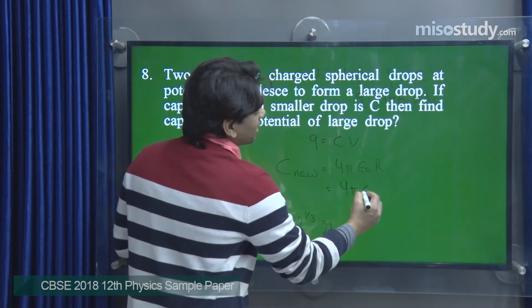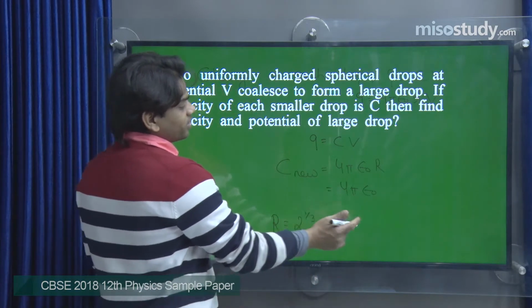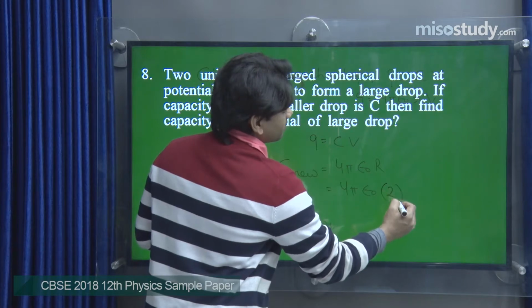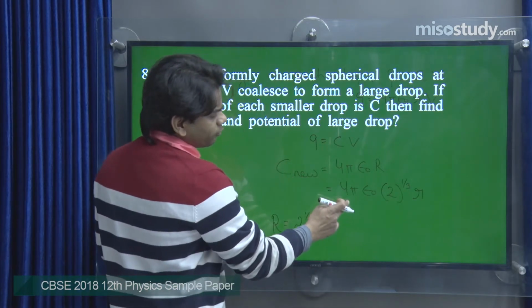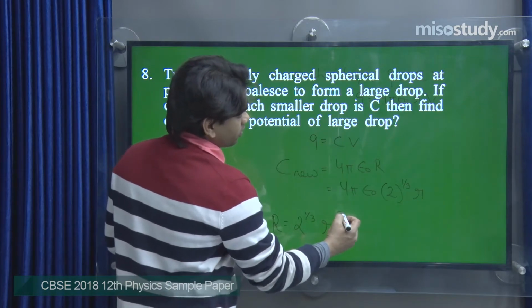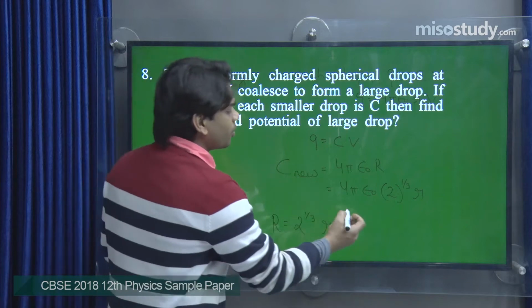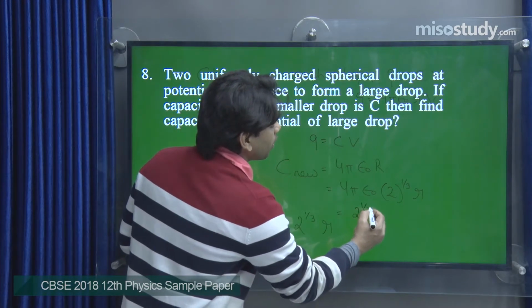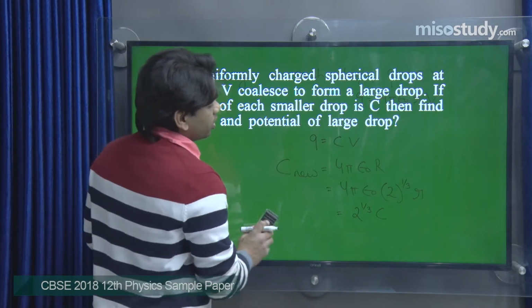This will be 4 pi epsilon naught, and capital R is equal to 2 to the power 1 by 3 into small r. See what we can write: 4 pi epsilon naught r is the value of the original C, that was the capacitance of each of the earlier drops. So we will have 2 to the power 1 by 3 C. This is the capacitance of the larger drop.